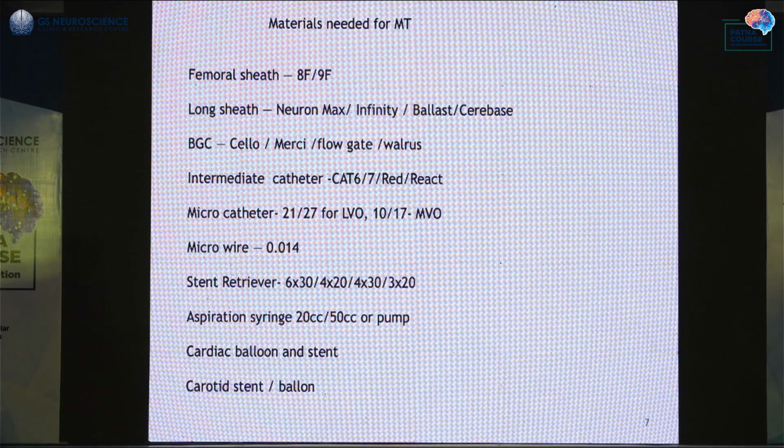And for MeVO, where we need a 3 mm stent retriever, you can use the 10 or 17 microcatheter. Then microwires, so many microwires are available. Stent retrievers, these are the combinations usually available. Now we have the 650 also.